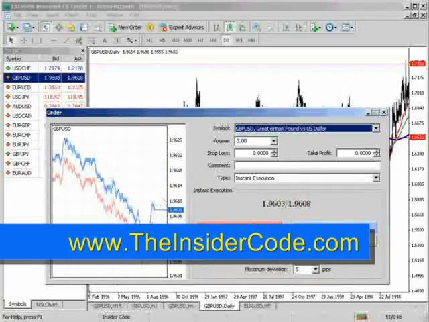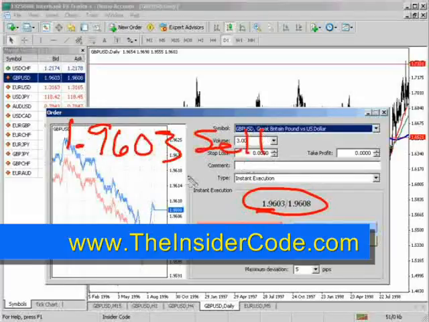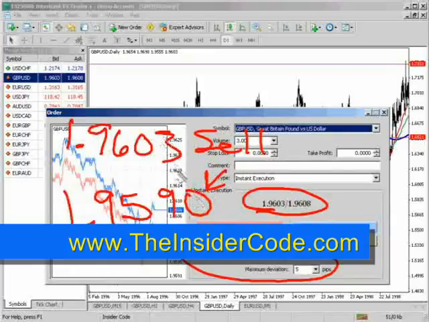This way, if we're trying to sell 96.03 and the market starts moving, if the market moves down very aggressively and all of a sudden it's down at 95.90, if we don't set this, then our broker is simply going to fill us here. You can see we've already missed out on 13 pips.